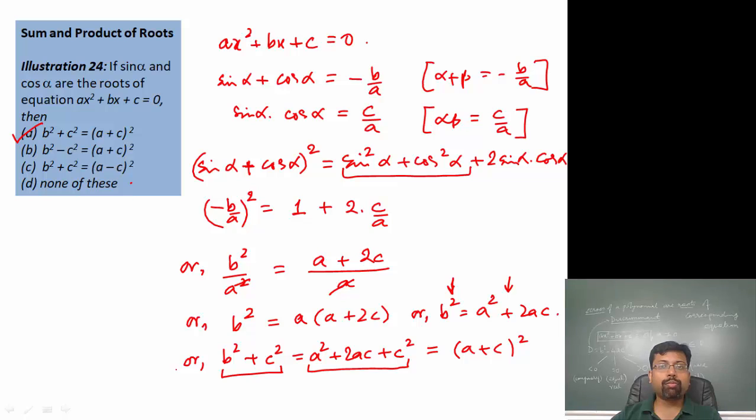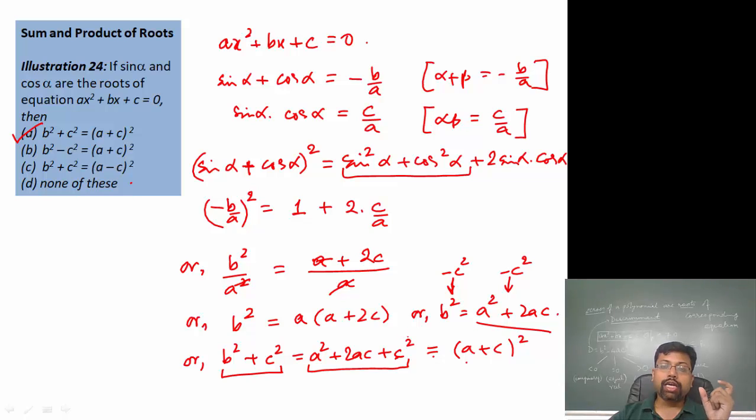Let's check what b square minus c square would be. We cannot do a minus c square because the identity is a square plus c square plus 2ac or a square plus c square minus 2ac. So if we subtract c square here in the given equation, we are not going to proceed any further because this will not be an identity.